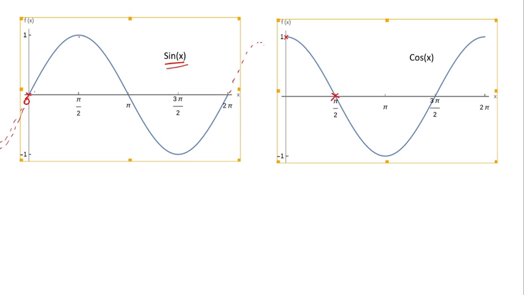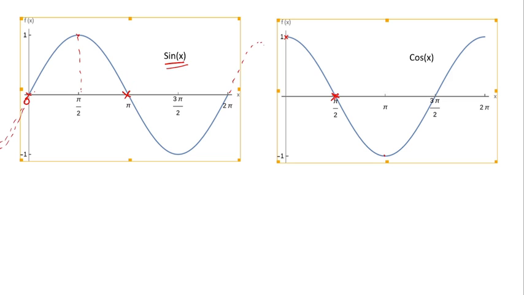It reaches a maximum value at pi by 2. In this case, cos, at pi by 2, the value of cos is equal to 0, and at pi, it will have maximum negative value. Whereas in the case of sine, at pi, the value works out to be equal to 0.